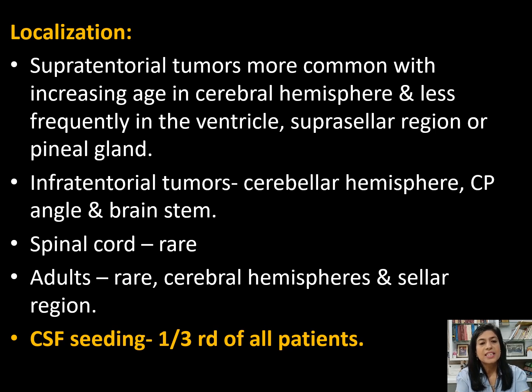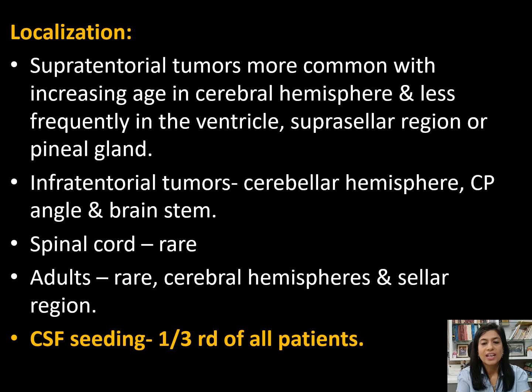Localization: these can be present anywhere in the neuraxis. Supratentorial tumors are more common with increasing age and are often located in the cerebral hemispheres and less frequently in the ventricular system, suprasellar region, or the pineal gland. Infratentorial tumors can arise in the cerebellar hemispheres, at the CP angle and the brainstem.